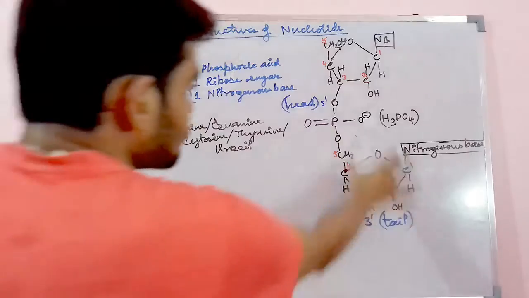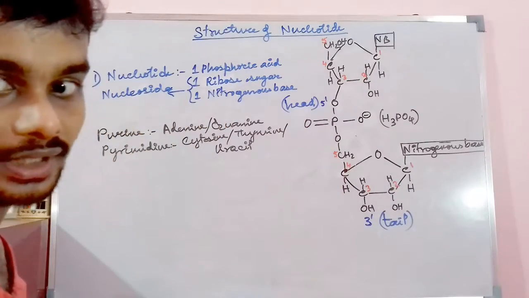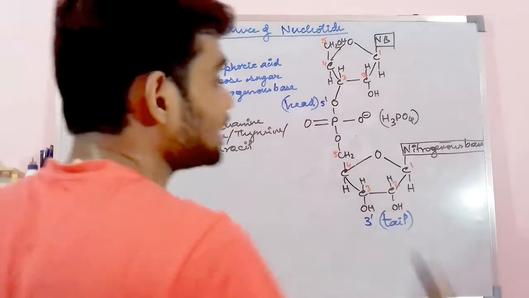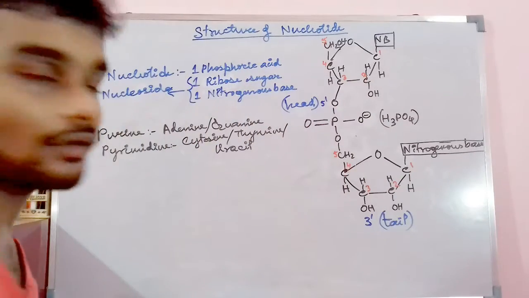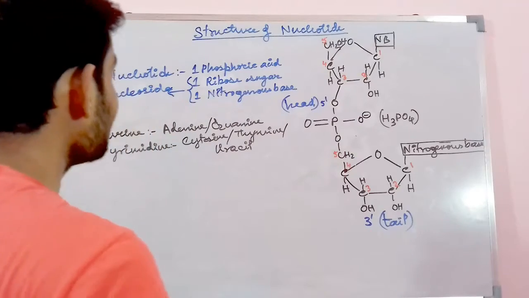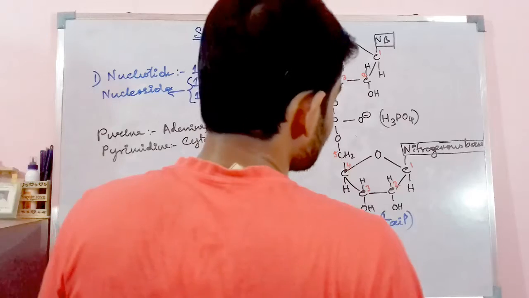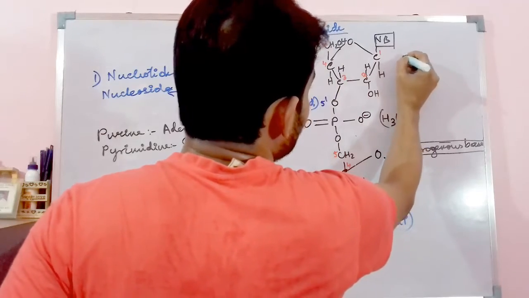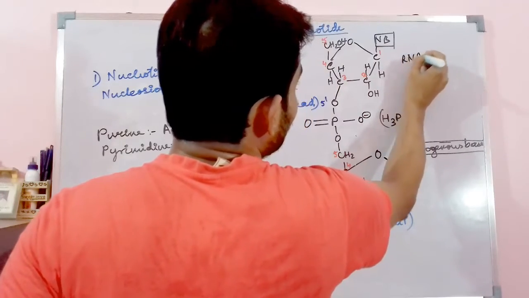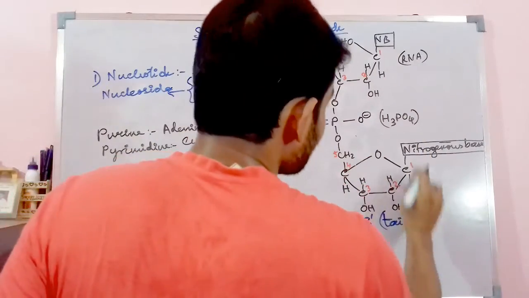Now, this structure that I have drawn here is actually a ribose nucleotide. Now, if I draw the deoxyribose nucleotide, which represents the DNA structure, right? DNA means the deoxyribose nucleotide. This structure is in case of the RNA. But in case of DNA, what happens?